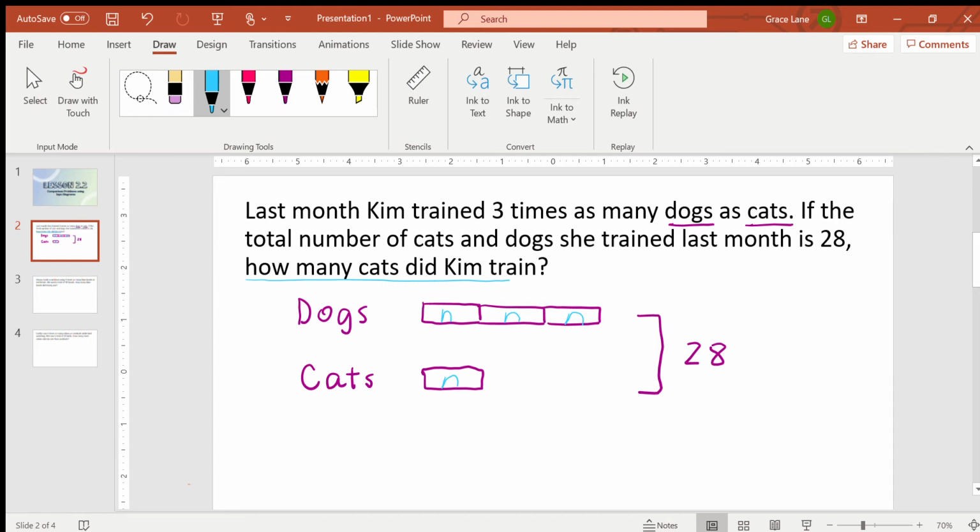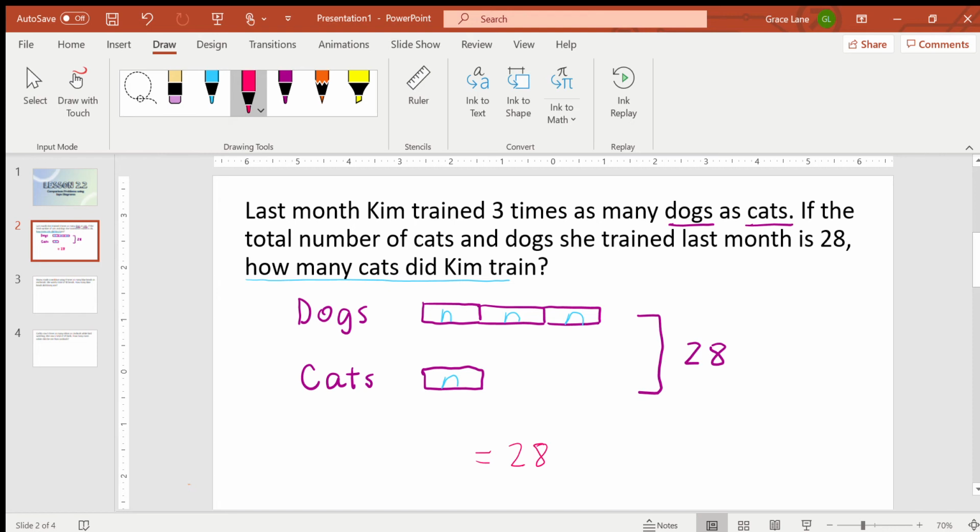And so to solve this, the multiplication problem that I'm going to use, I know that altogether it's going to equal 28. And then the next part is putting your tape diagram together into a multiplication sentence.